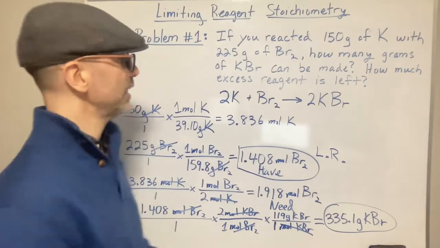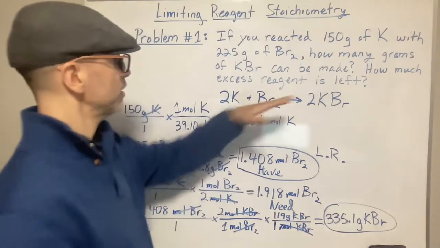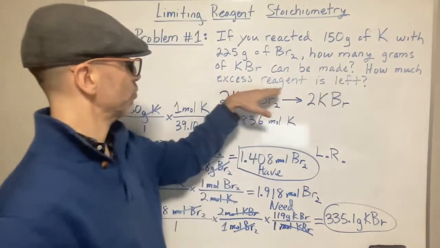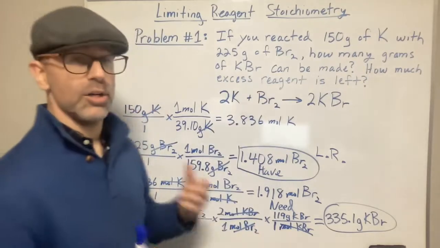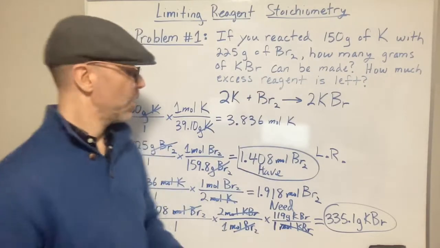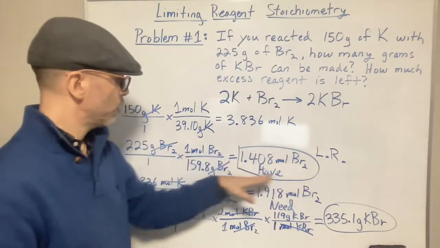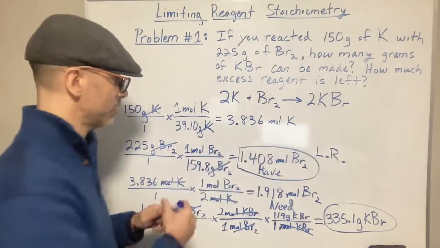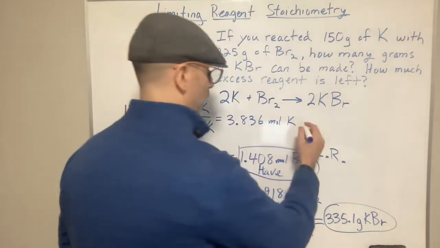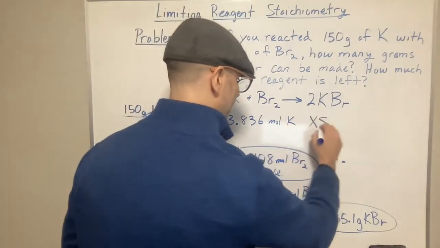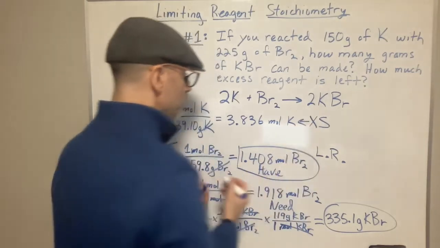The next question that they ask is, how much excess reagent is left? We can do that by going back to the amount we have. So this is our excess, and this is the limiting, so that means this is our excess amount here.